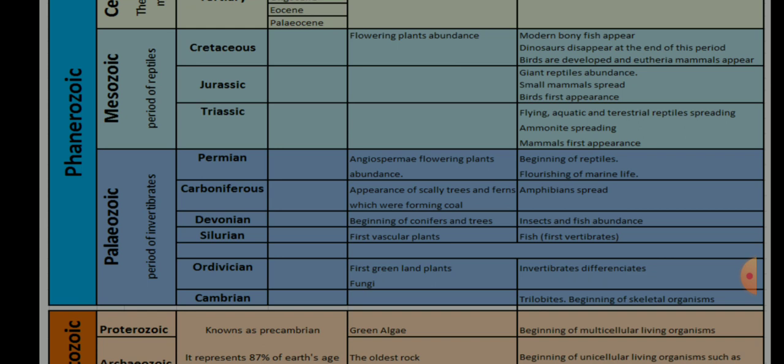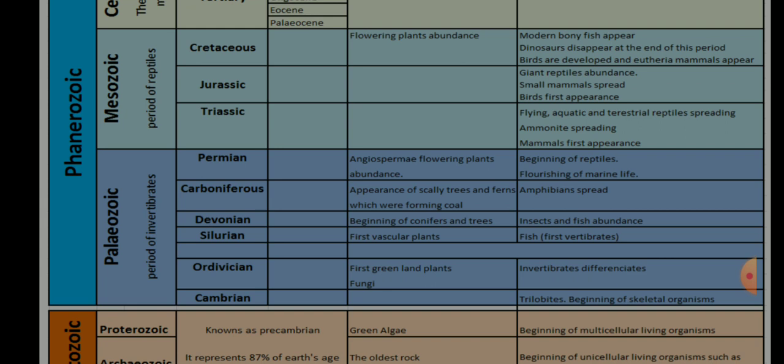After Cambrian, Ordovician: the beginning of the first green land plants on Earth, and fungi. Also, the invertebrates differentiate in this period.